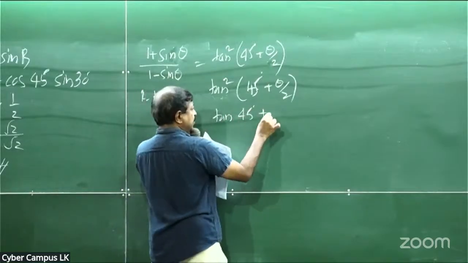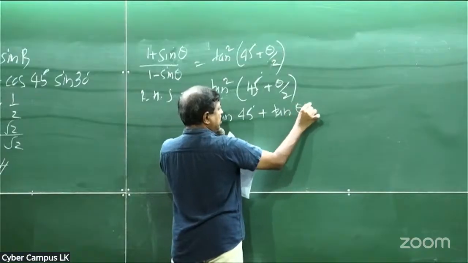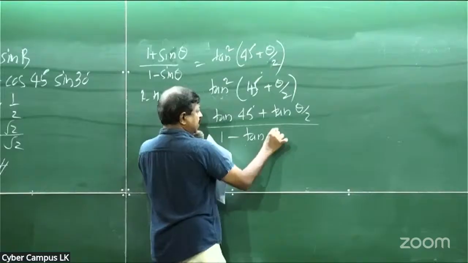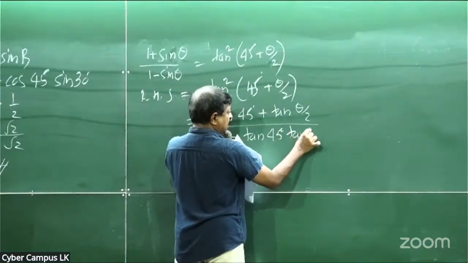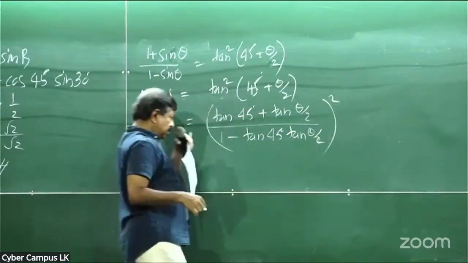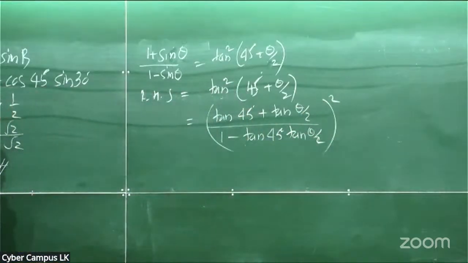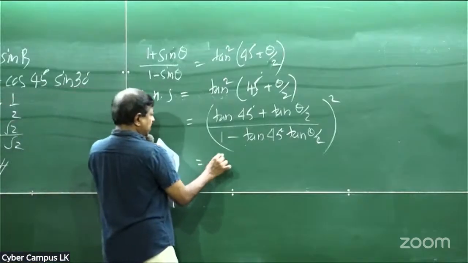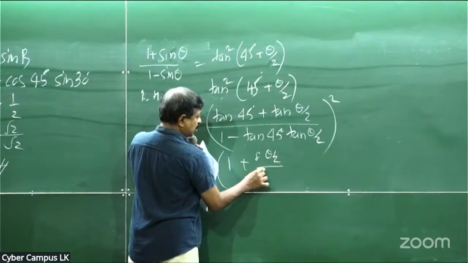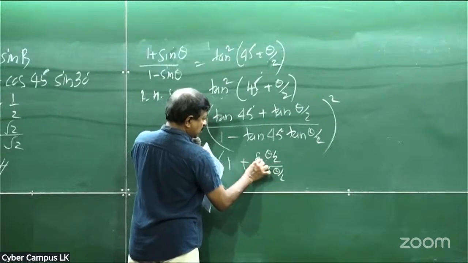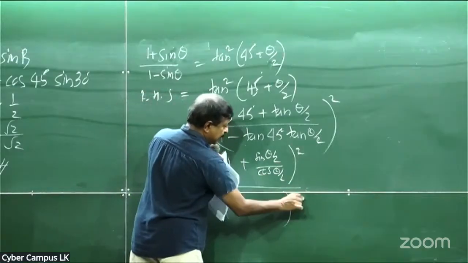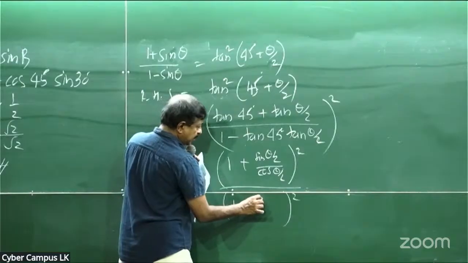We'll apply the formula tan A plus tan B over 1 minus tan A tan B. Then you need to square it. So this is 1. Both upstairs and downstairs are squared separately. This is 1.